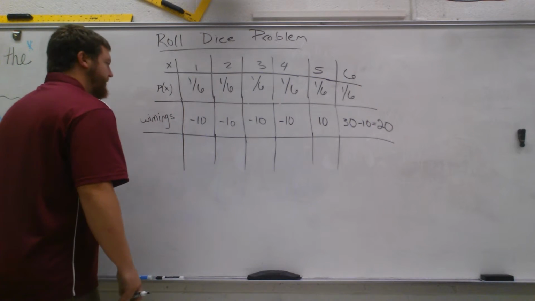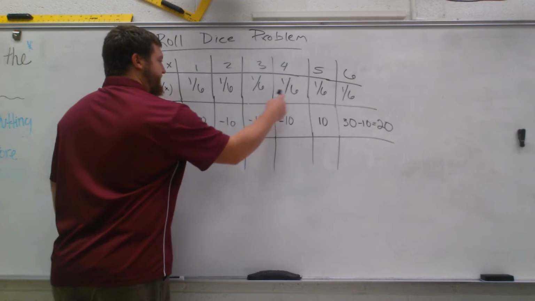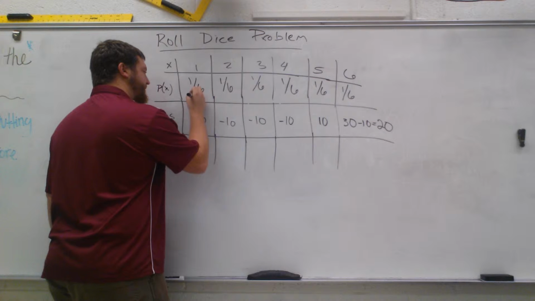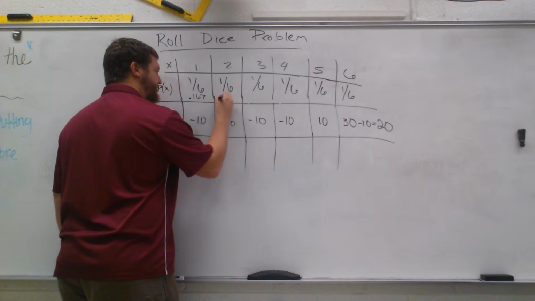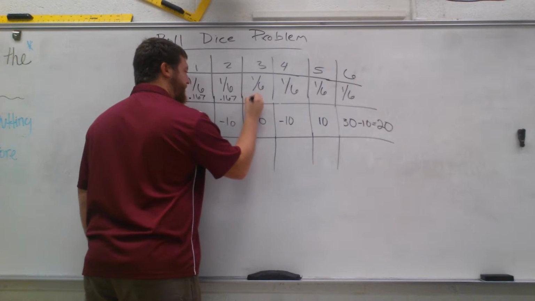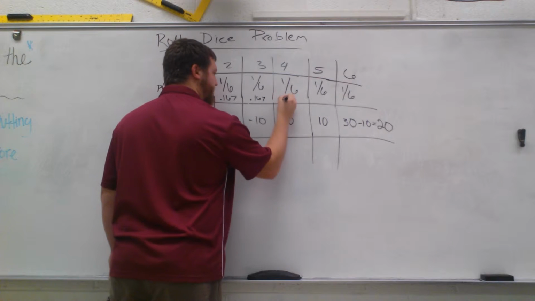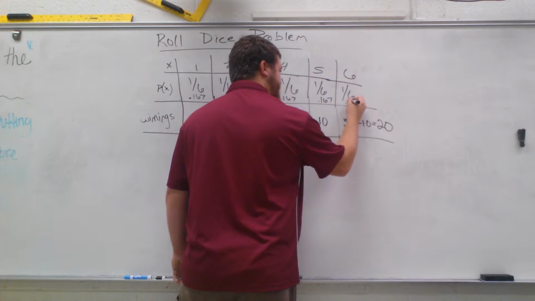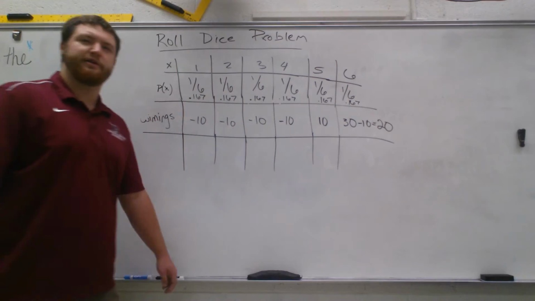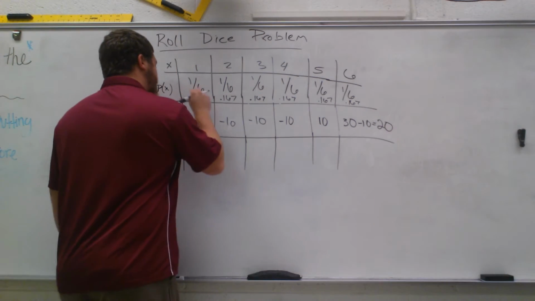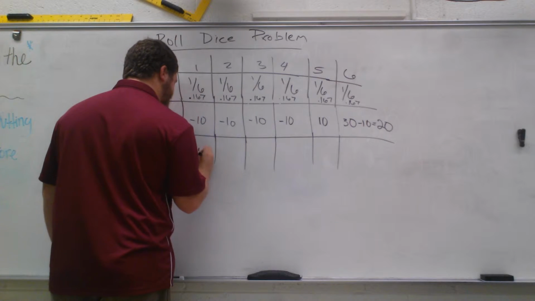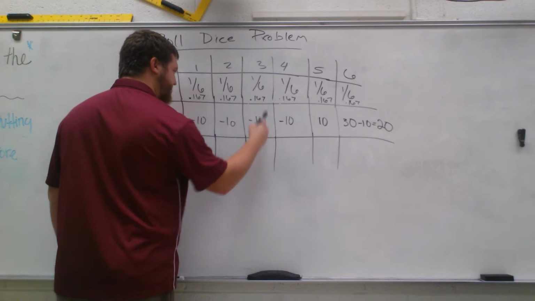And what we're going to do is let's convert this into decimals. So this is 0.167, 0.167, 0.167, 0.167. Now, if you put it in your calculator, you don't have to worry about doing that. But I'm not using calculators, so that's what I'm going to do. So negative 10 times 0.167 is negative 1.67. So all of these are going to be the exact same.